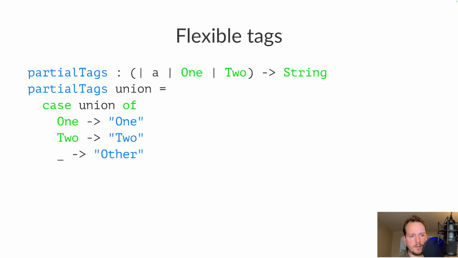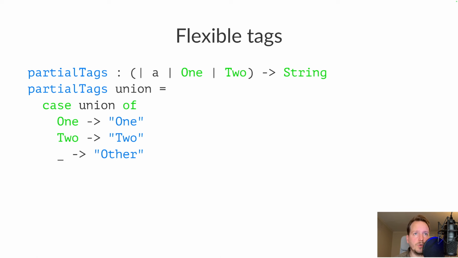So as I said, we wanted custom types to be a little bit more functional before we reach 1.0, and this is an example of how that can work. So here we pass in a custom type, or what I've started to call just tags, to a function, and you can see that the first value of that union is a generic variable, and essentially means that this is a partial union of tags.